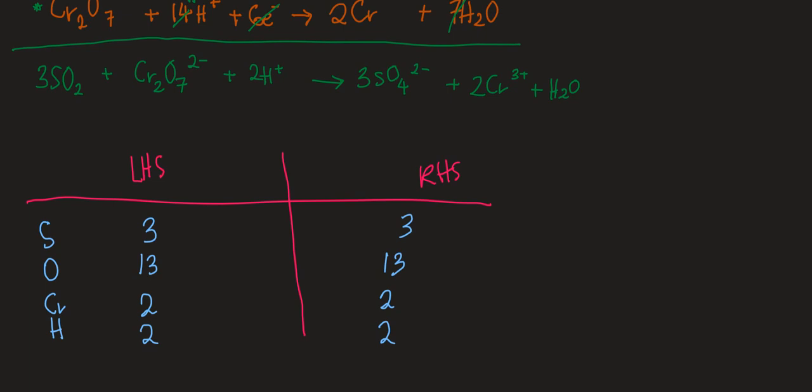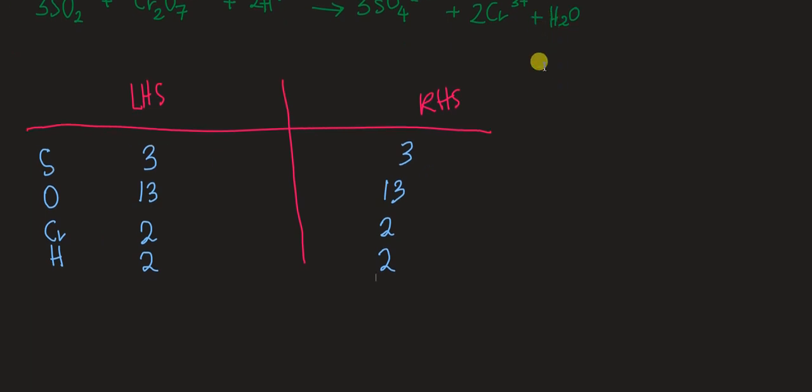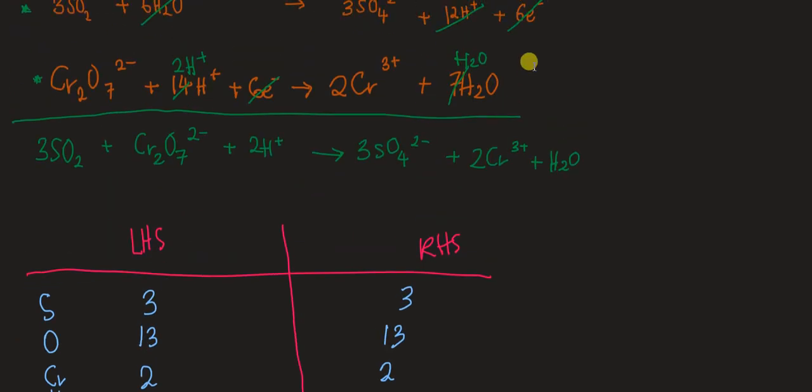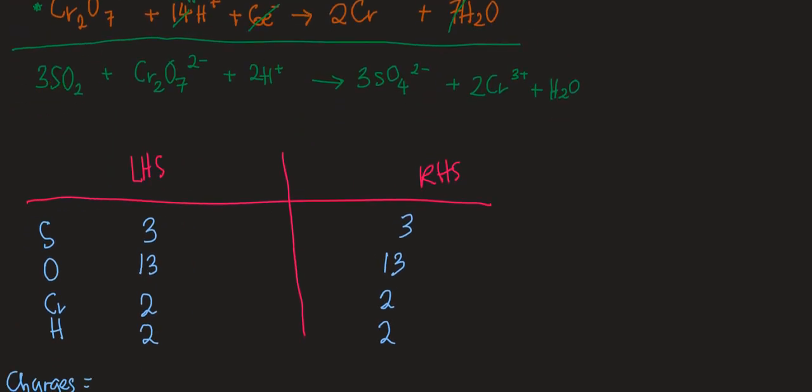Now we want to balance the charges. So to balance the charges, here this is 0, SO2 is 0, plus Cr2O7 is -2, plus 2 times +1 from the protons, which is +2.